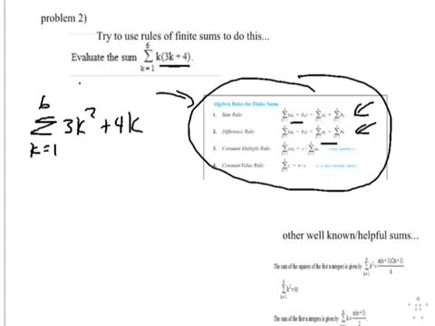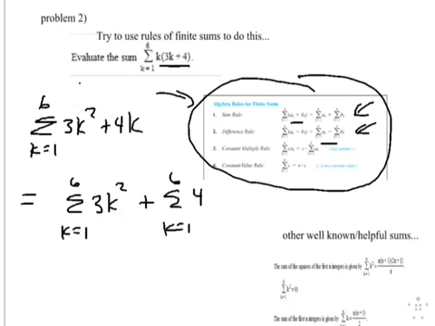Now, according to these algebraic rules, we could rewrite this as summation k going from 1 to 6 of 3k squared plus summation k going from 1 to 6 of 4k. Then according to the constant multiple rule, I can pull those coefficients out front.